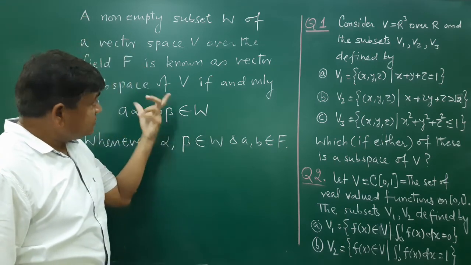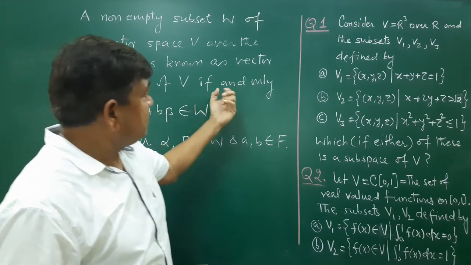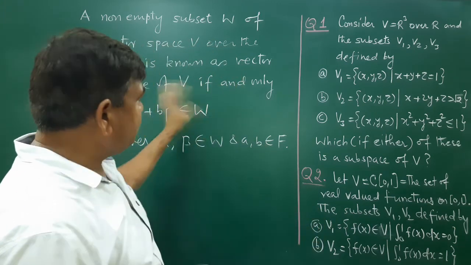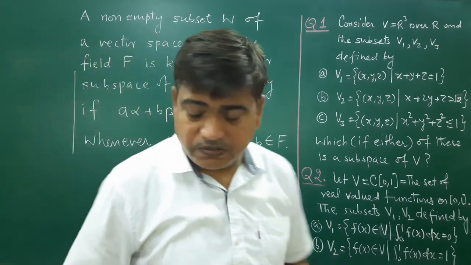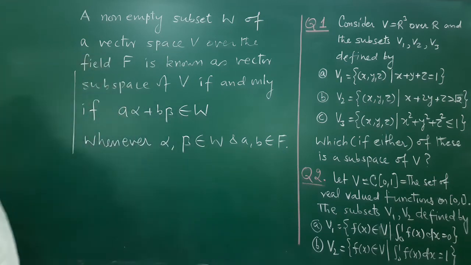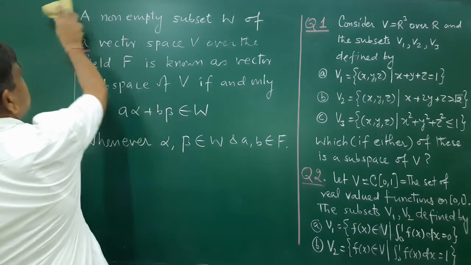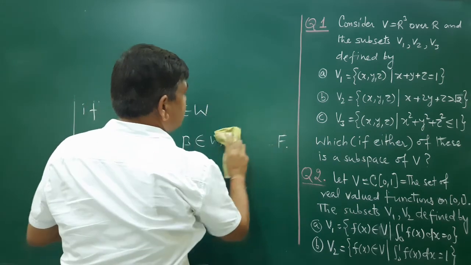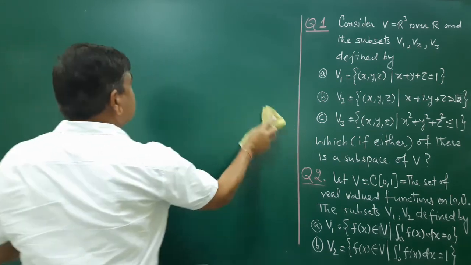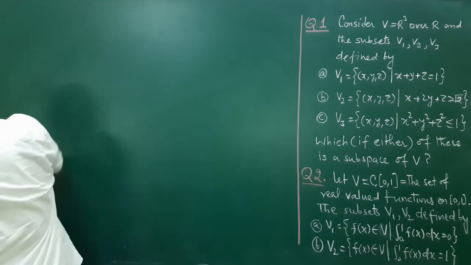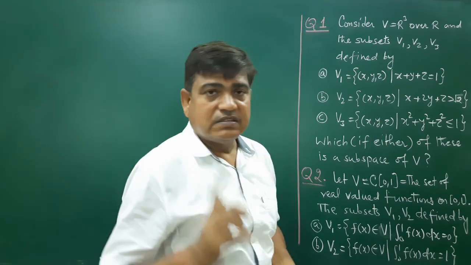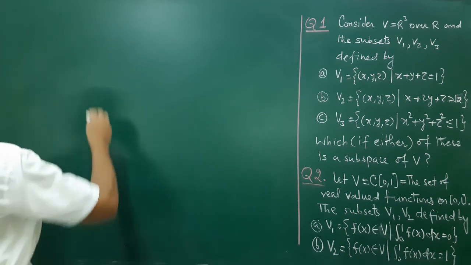We proved this theorem in the last video. Here it is written if and only if, so you can consider both ways. So I consider more examples. Always remember this particular property whenever you have to prove that a given set is a subspace.